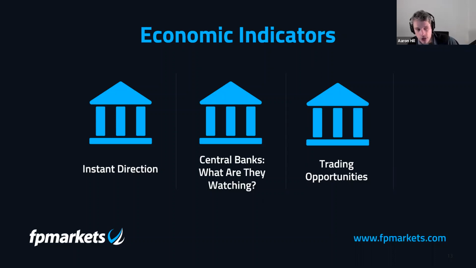So what's important to note is that economic indicators create a short-term bias in the markets, but the central bank creates the long-term trend. So the best trading opportunities we can find are when these economic numbers are in harmony with the longer-term bias.